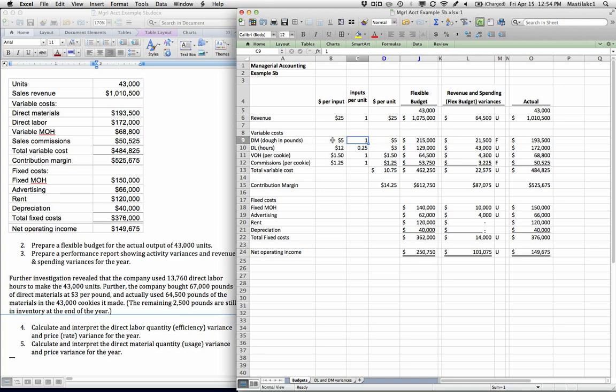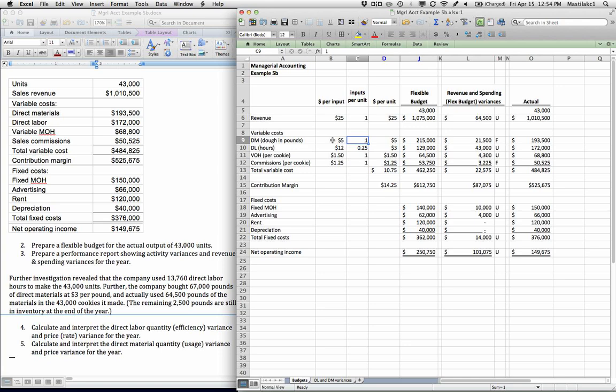So we can't always tie the purchase and the use together, so we can't really tie the price variance that we calculate for purchasing it above or below standard cost to when it's used.